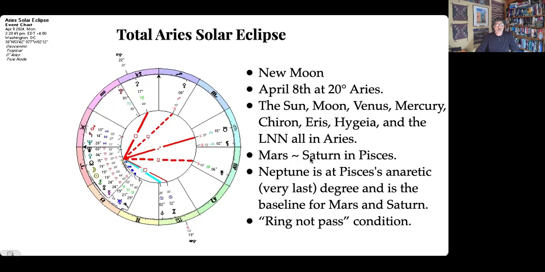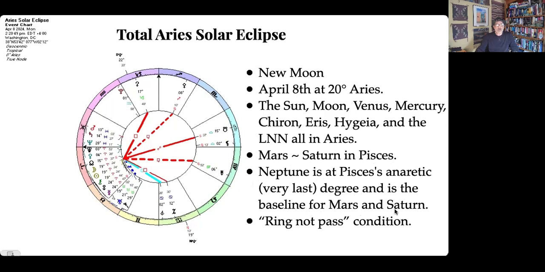We talked about that a little bit, about the need, not just impulsiveness and authority, but to find some compassion and understanding and some higher knowledge. Neptune, which rules Mars and Saturn, is in its anaretic or very last degree.